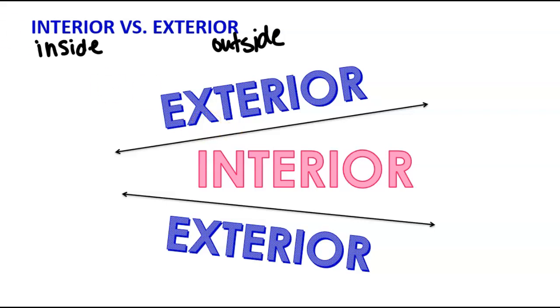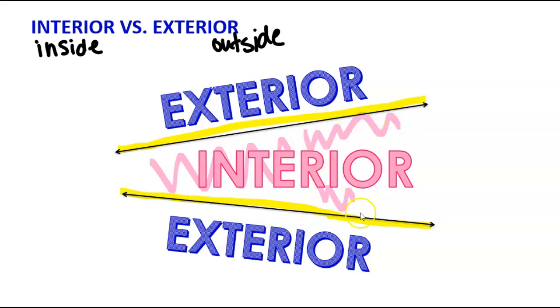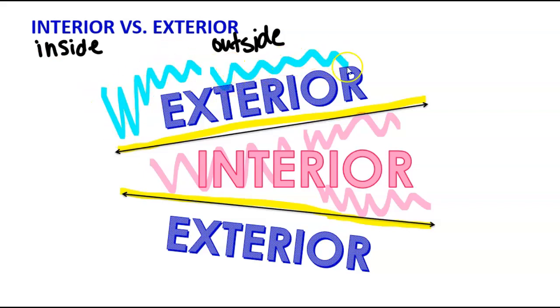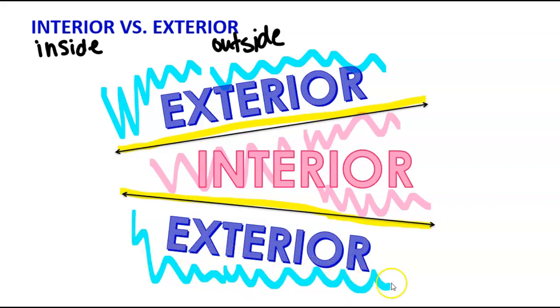Let me go ahead and highlight the two lines we're talking about here and here. Notice that between those two yellow lines, we call that our interior. So this is the interior, all of this stuff that's between them. Everything that's on the outside of those lines is called the exterior. So inside and outside, or interior and exterior.